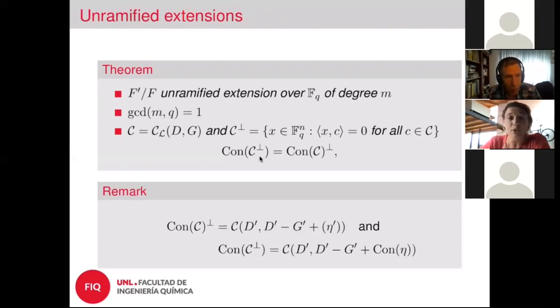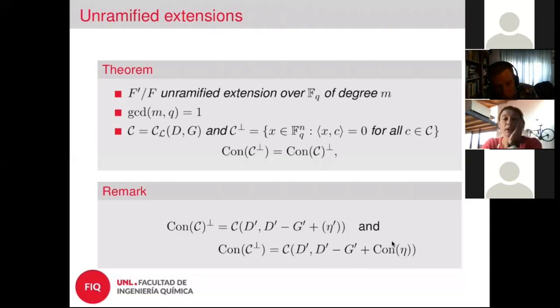And we think that this could be true also in a more general setting, because from the proof of this result, what we get is that the dual of the conorm code can be represented as an evaluation code using this divisor G, where this is the divisor of some specific Weil differential, and the conorm of the dual is more or less the same, where here we have the conorm divisor of another Weil differential.